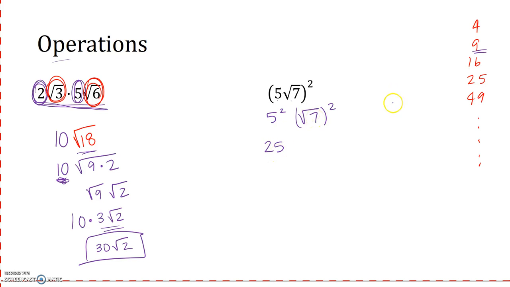Radical 7 squared, technically, you can square the 7, and it's still a radical number. Well, the square root of 49 is 7, so this is just 25 times 7. Which, when you multiply it out, 25 times 7 is 175.